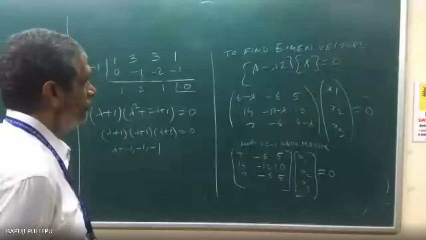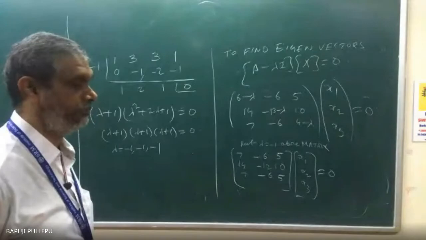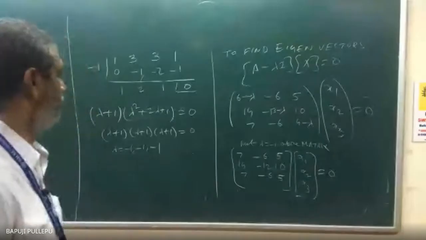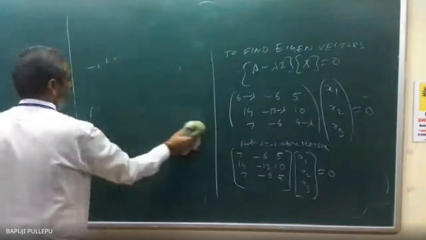Second equation: 14x1 minus 12x2 plus 10x3. Third: 7x1 minus 6x2 plus 5x3.